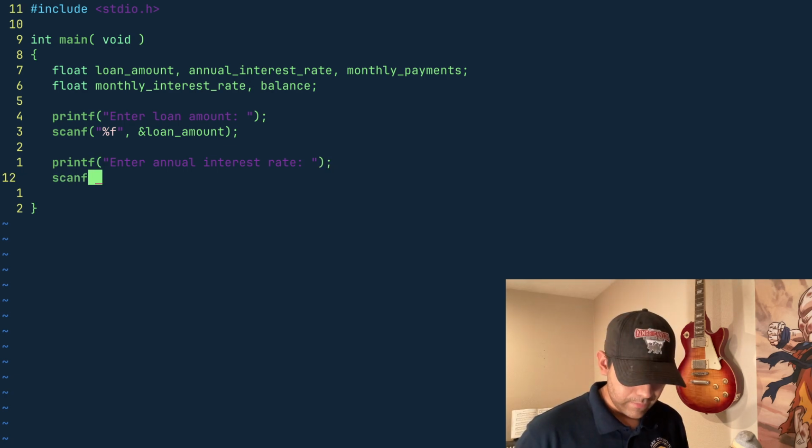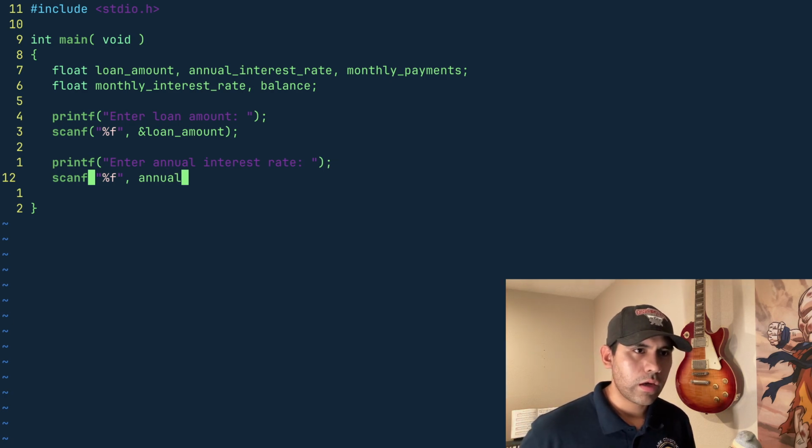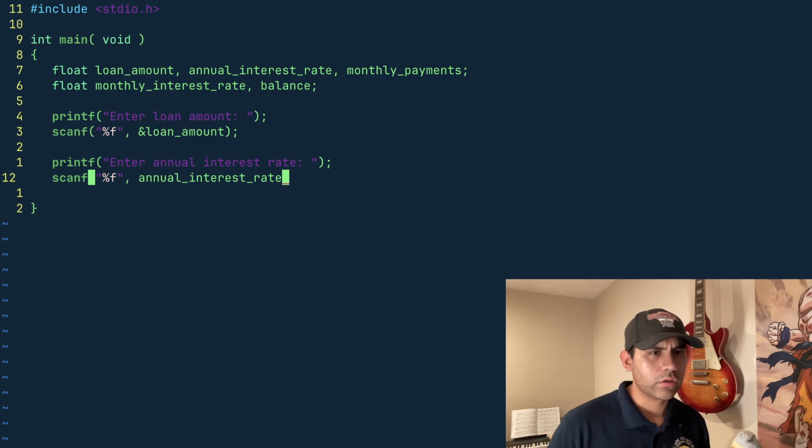Scanf, it's going to be a float again, and annual interest rate. These words are pretty long, I should have made them shorter.